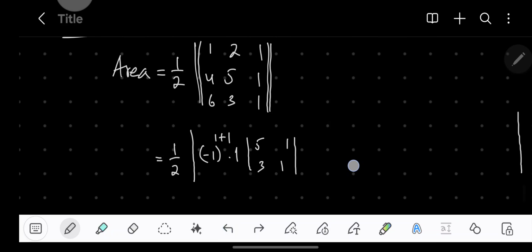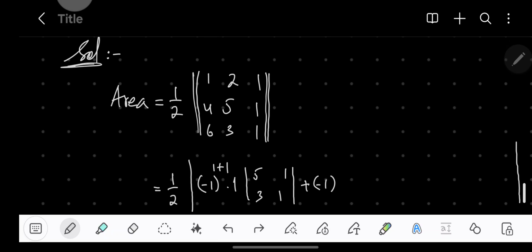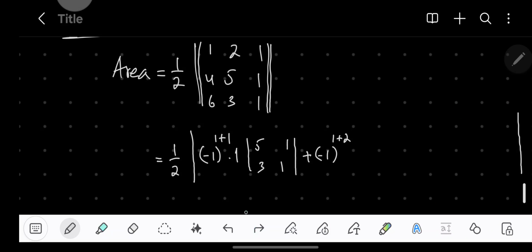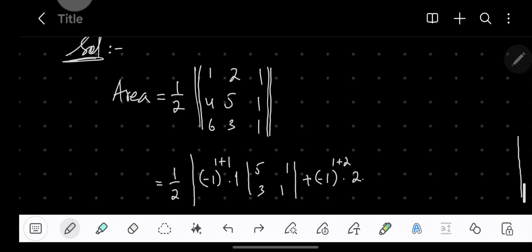So the determinant of this submatrix plus negative 1 to the power 1 plus 2, because this value is in the first row and the second column, times 2, this 2, times the determinant of the submatrix obtained by deleting this and deleting this.